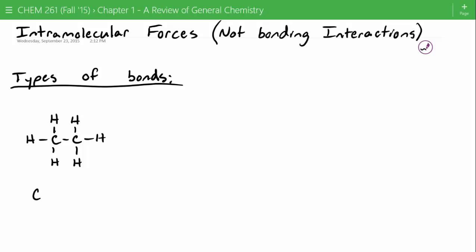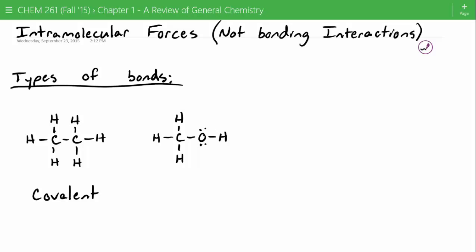And we said that this is a covalent bond. Right? We also saw one yesterday that was also covalent, but a little bit different. This still contains covalent bonds, but what's special about this compared to ethane? It's got the lone pairs.